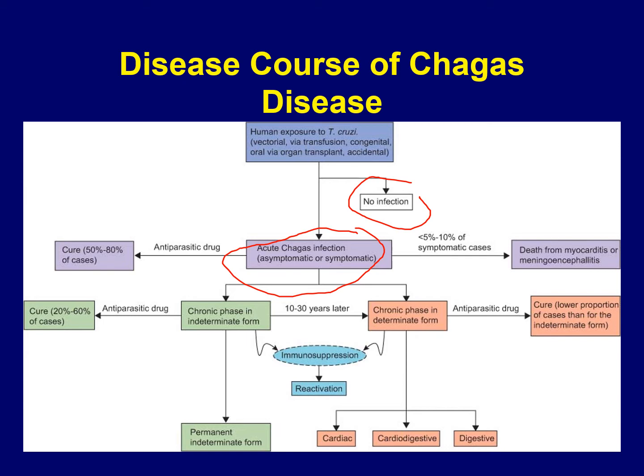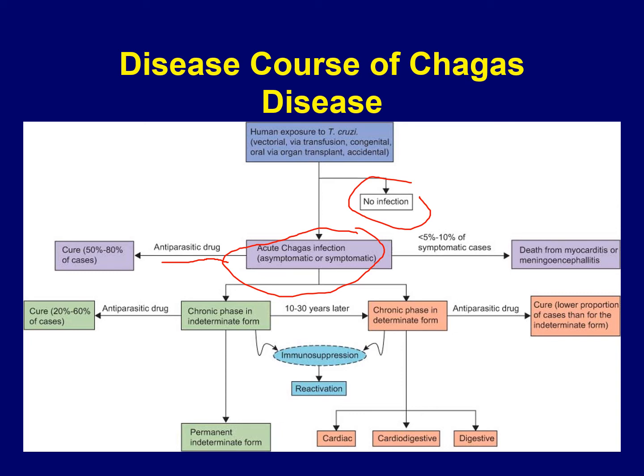And if people are treated with antiparasitic drug, there tends to be a higher cure rate here. But it's quite unlikely that patients are identified with acute Chagas infection just because it is very nonspecific. There are a minority of people who develop very, very severe reactions from acute Chagas disease, and they may die from myocarditis or meningoencephalitis.